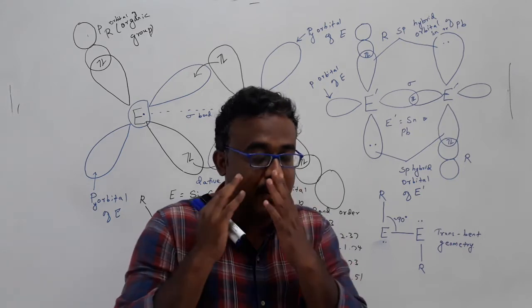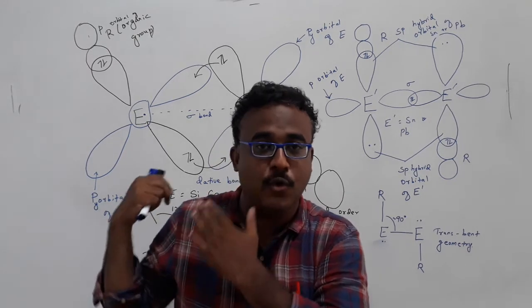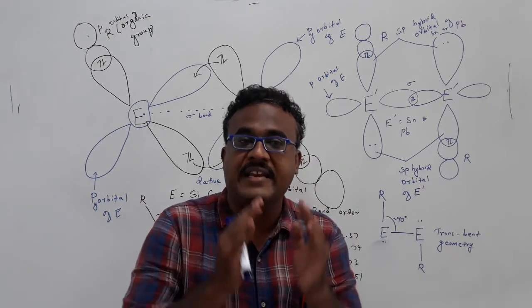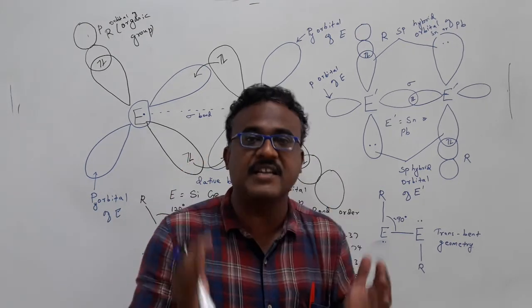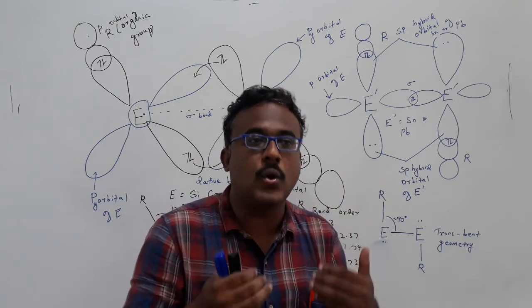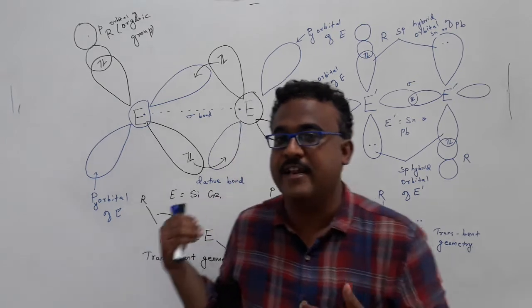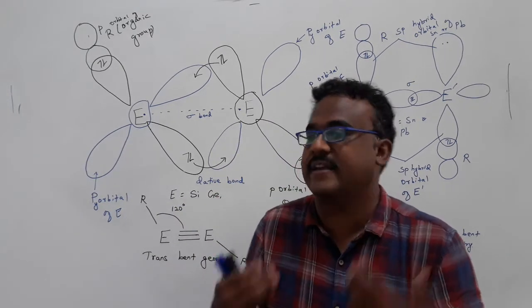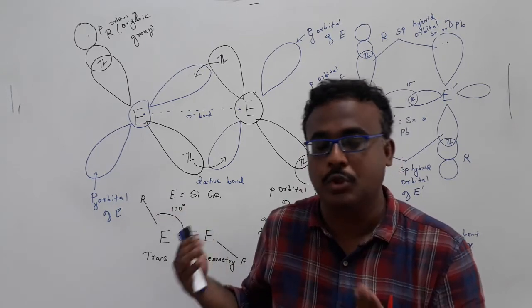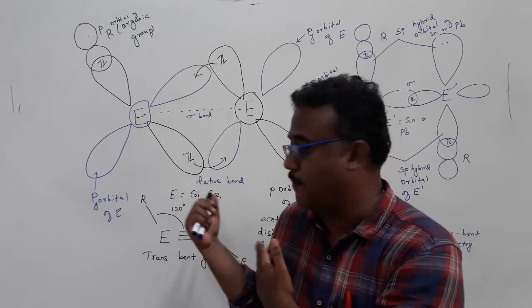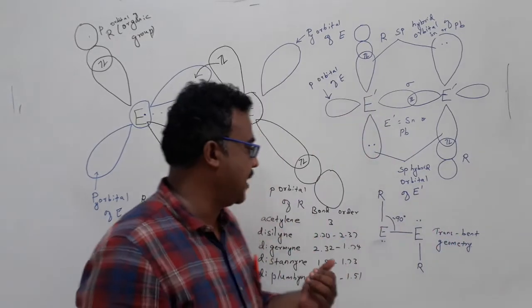So when you are going to synthesize these compounds, you have to use a nitrogen atmosphere, you have to maintain an inert atmosphere to keep the compound stable, and also you have to keep the compound at as low a temperature as possible. If you bring it to room temperature, it can dissociate into various kinds of fragments, because these types of molecules are highly sensitive.